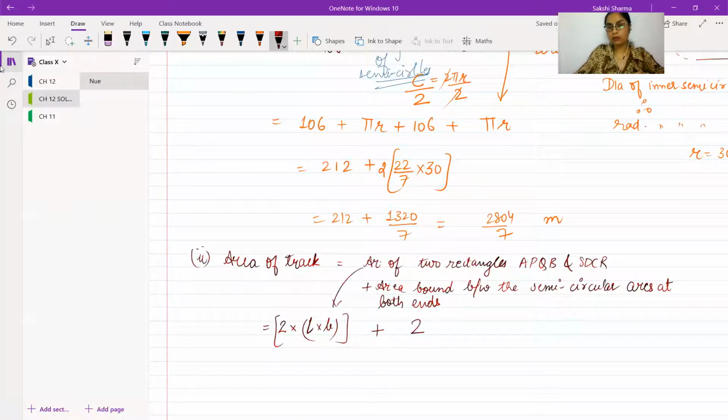Plus, now we want to find out the area of the two semicircular arcs at both ends. And for that, the area will be given by pi R square minus r square by 2.